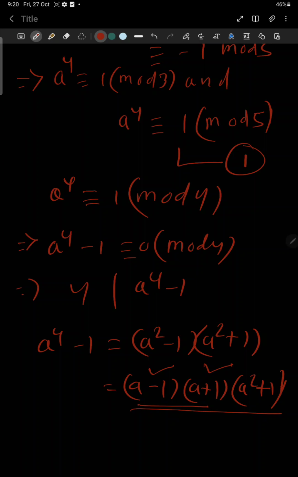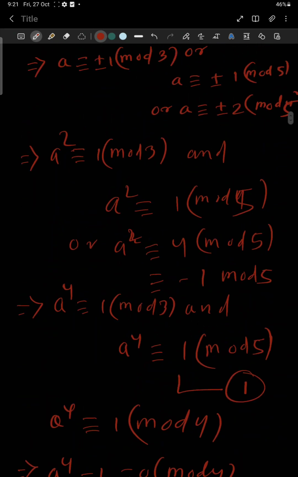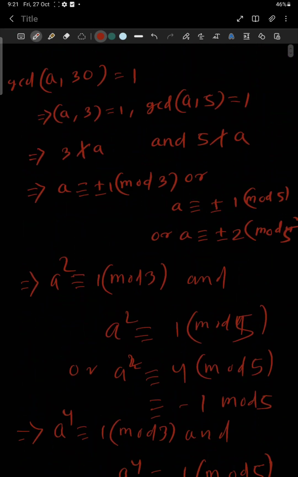Actually we cannot take a to be an even number, because in the question it is given that GCD of a, 30 is equal to 1. If a is an even number, then the GCD should be at least 2, because 30 is an even number, so GCD cannot be 1. So a must be an odd number.